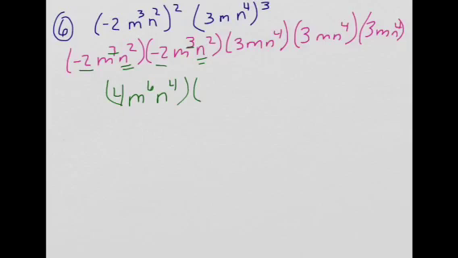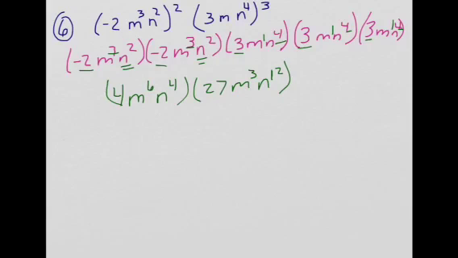Times 3 times 3 is 9 times 3 is 27. M, and that has a 1 and a 1 and a 1, so that's going to be m cubed. And n has a 4 and a 4 and a 4, so that's going to be n to the 12th power.